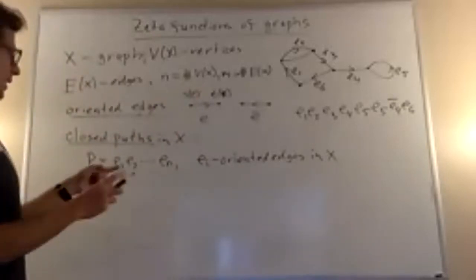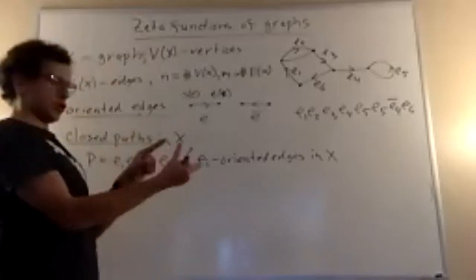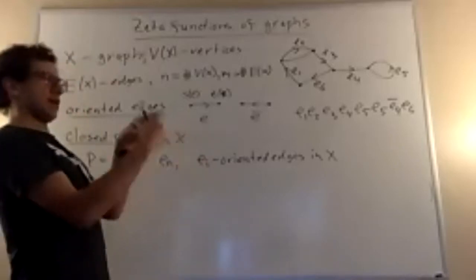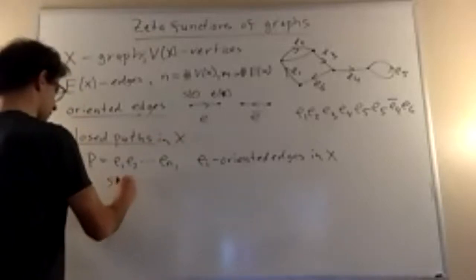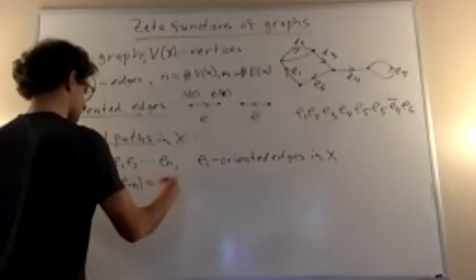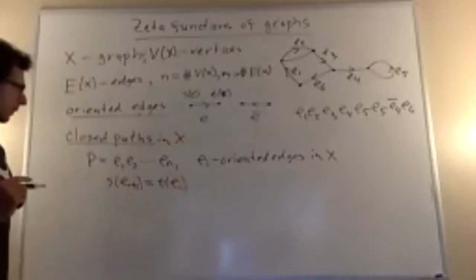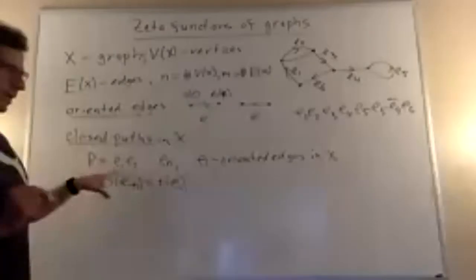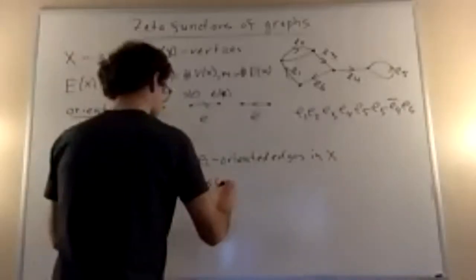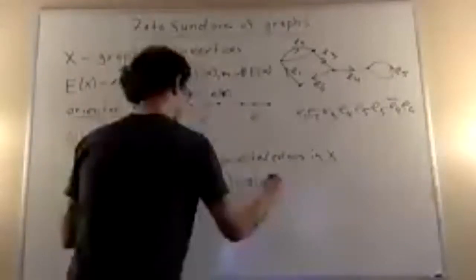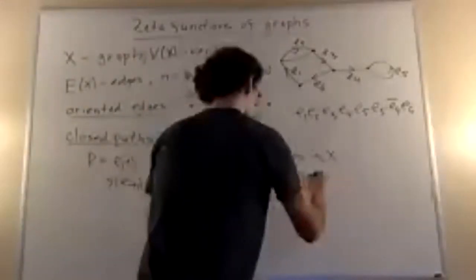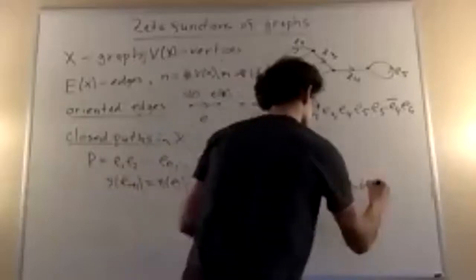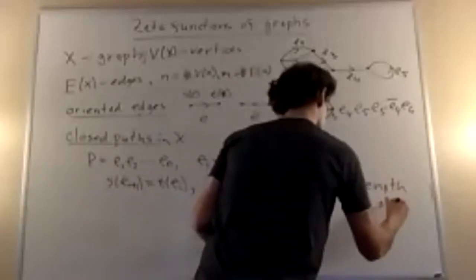And so I want this path to be continuous in the sense that every edge has source given by the target of the previous edge. So the source of E(i+1) is the target of Ei. Okay, and I also want my path to end up at the same vertex where I started. So the source of the first edge, E1, is the target of En. Okay, so that's a closed path, and the length of the path, L of P, is just the number of edges. So this is the length of P.